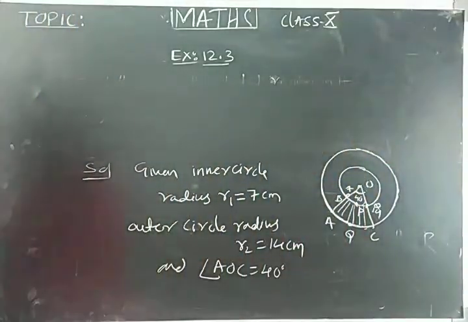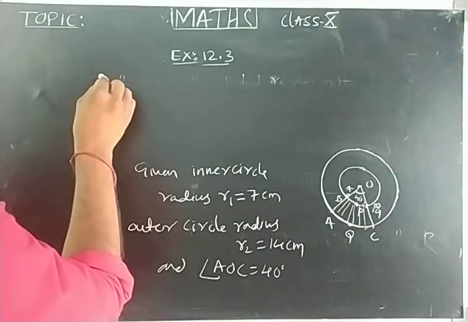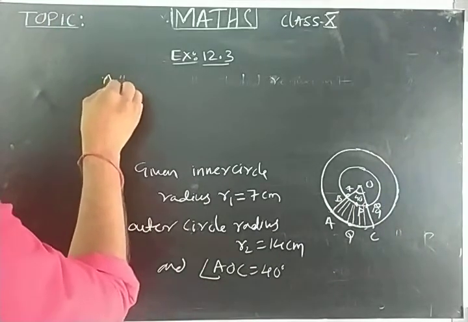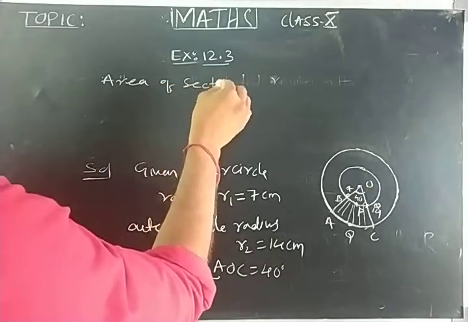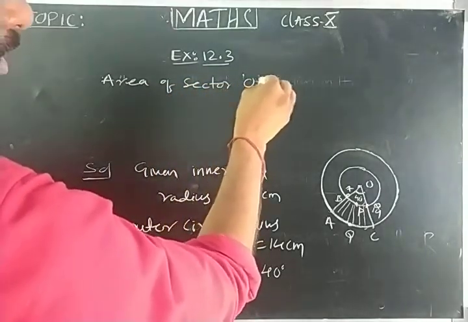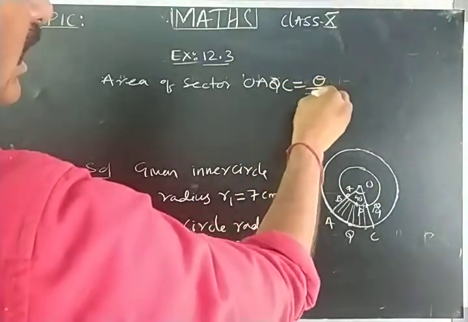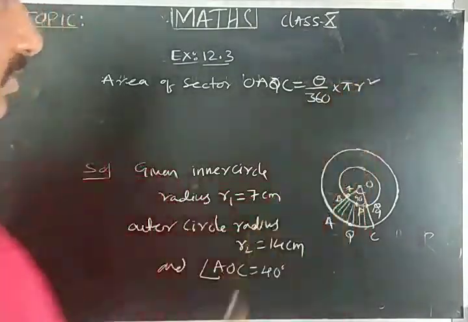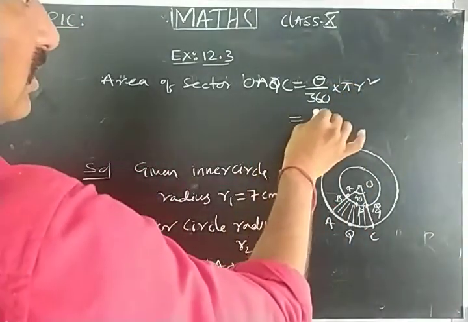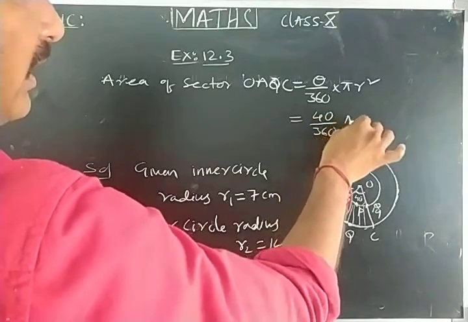First I will find the total sector area, bigger sector area, which is OAQC. Area of sector OAQC equal to, what is the formula? Theta by 360 into pi r square. Theta value is 40 degrees by 360 into pi r square.